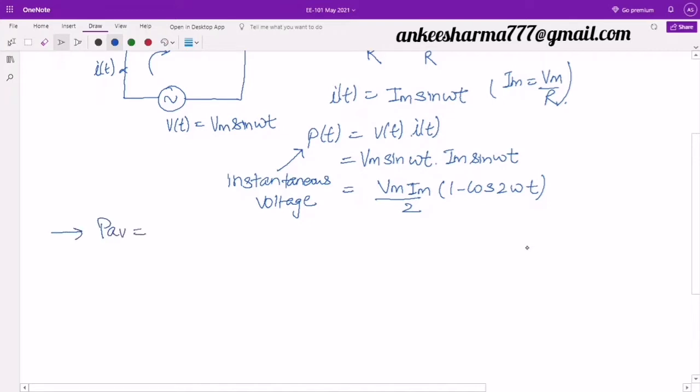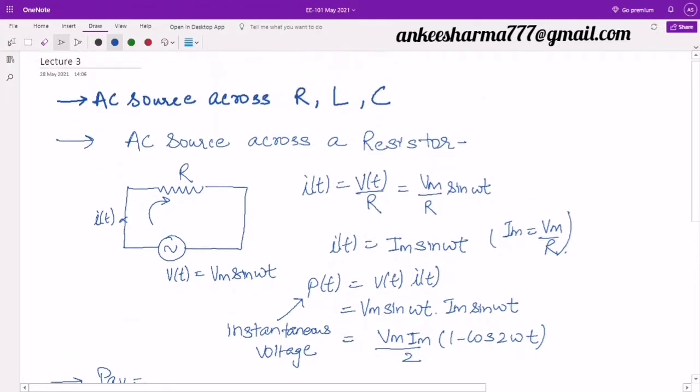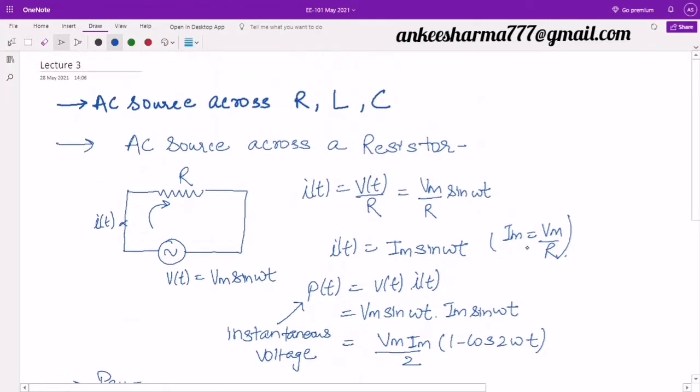So average voltage is given by, if I draw my sinusoidal signals over here, if I take my voltage signal, black color, this is my voltage signal, which is a simple one, Vm sine omega t, right?